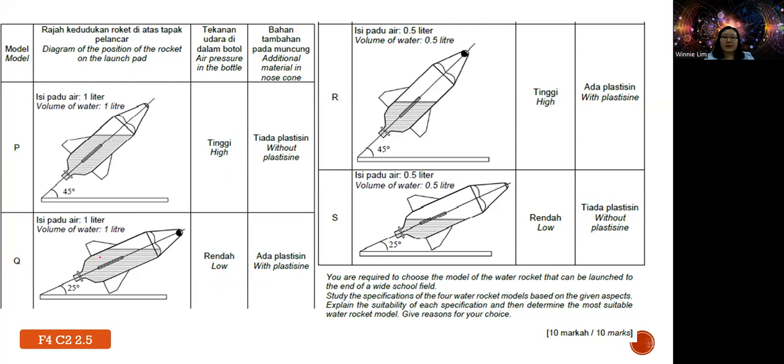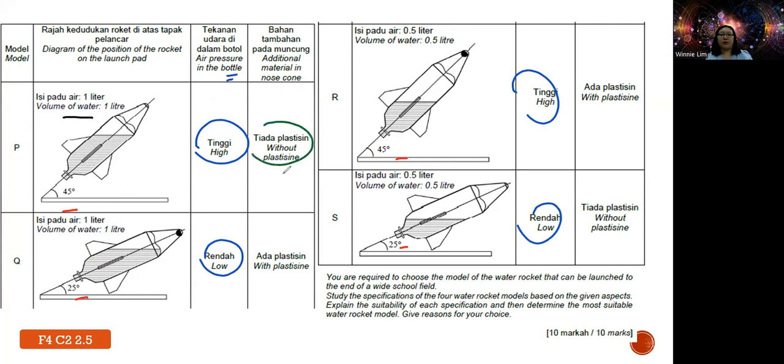As you can see, the specifications are the volume of water, the angle, the air pressure, whether high or low, and whether it is with plasticine or without, as additional material.